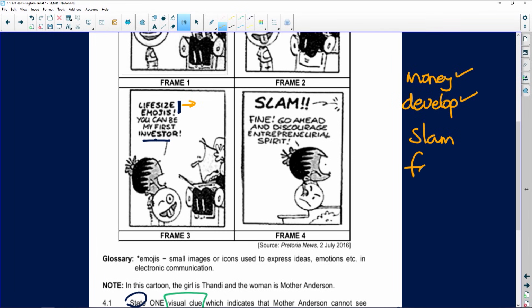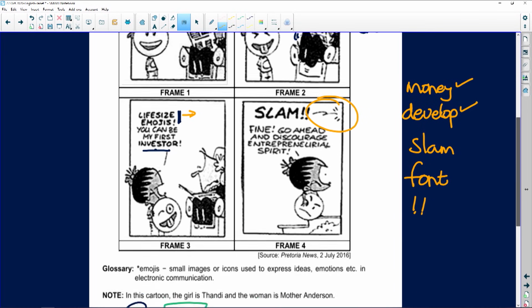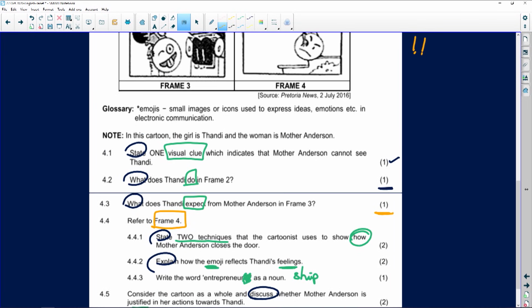Then talk about the bold, large font. Then talk about the 2 exclamation marks. And then, if you can, describe that. You can simply call them lines that show movement. Remember, that's what we said here. We call them movement lines. Any 2 techniques. Don't state all 4 or 5 or 6, just 2, 1 mark each.